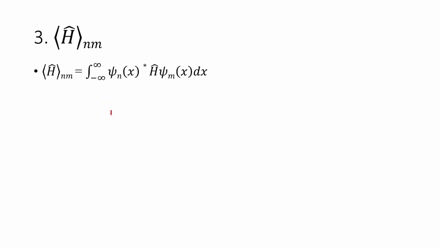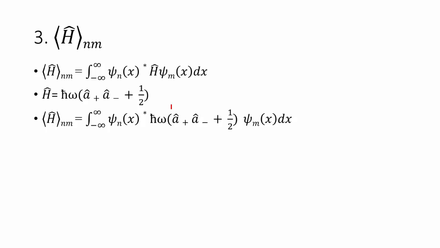For the Hamiltonian, we use the same strategy but a different identity. We have the Hamiltonian equals h bar ω times (a+ times a− plus a half), and we substitute that in place of the Hamiltonian, and we have our new integral with h bar ω times (a+ times a− plus a half).